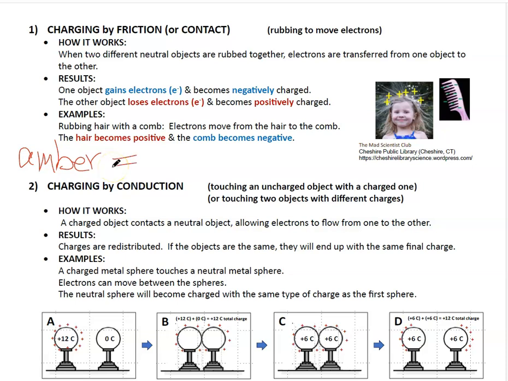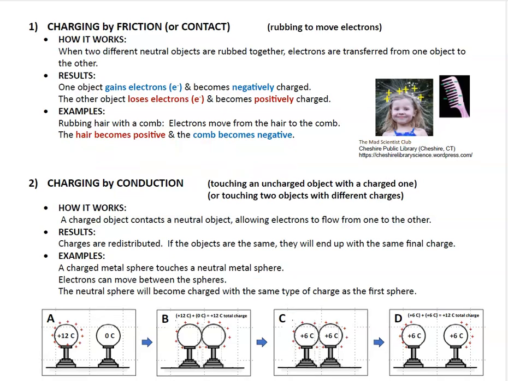Because the ancient Greek word for amber is electron. And it is where we got the word electric and electricity, and eventually the word electron, meaning the subatomic particle that carries a negative charge and is responsible for most of our modern electricity.